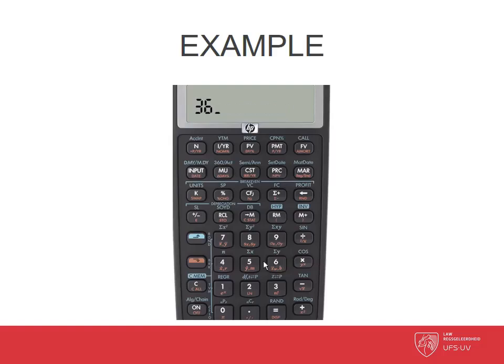Now we want to do the one for FNB, and we have to change our compounding periods to 365 periods per year because it's compounded daily. We put in our nominal percentage, which is 5.8%, second function, nominal, and ask our calculator for the effective rate.